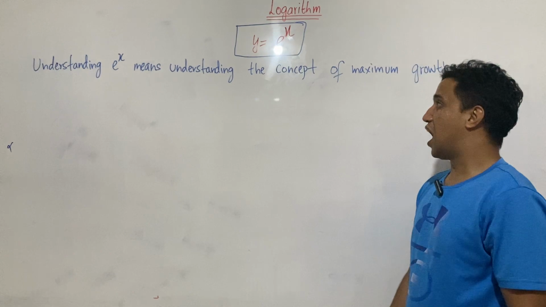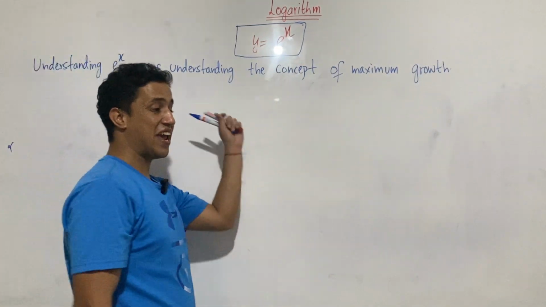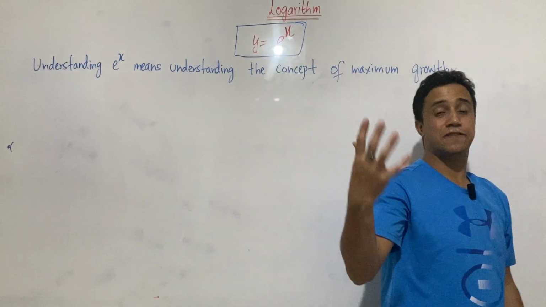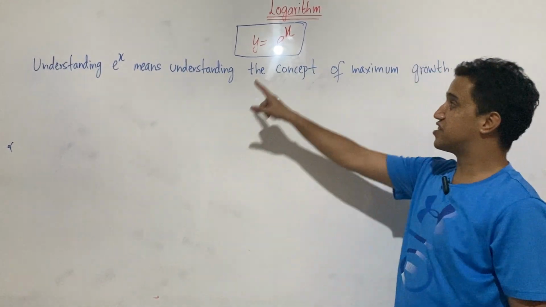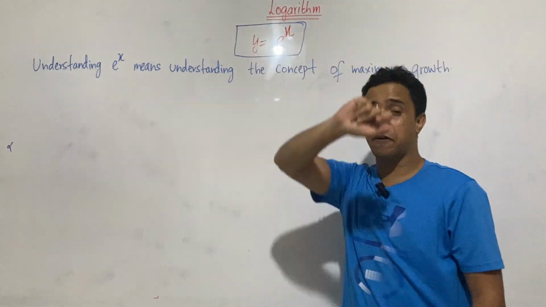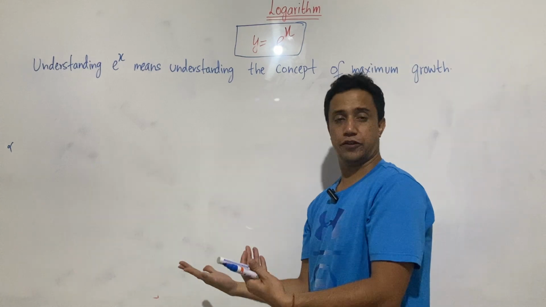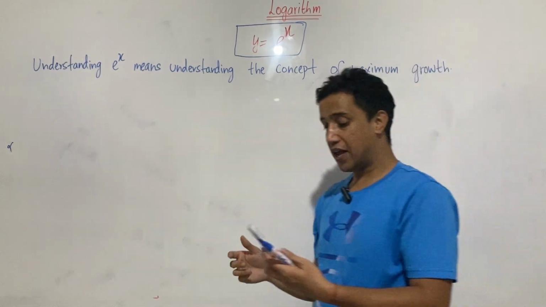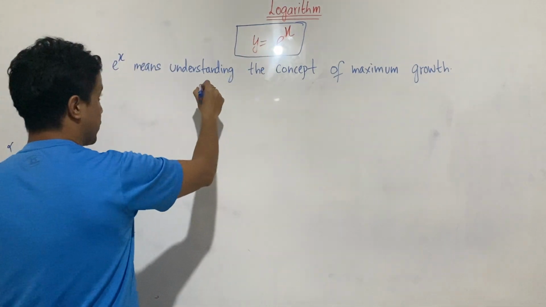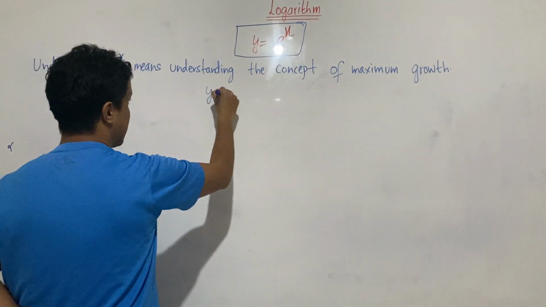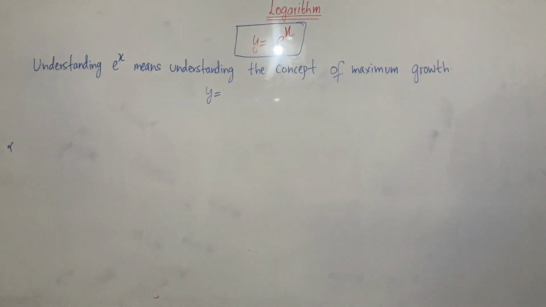The very special thing that makes this function special is that its slope is the same as the function. What does it mean? My given function here is y equals e to the x.